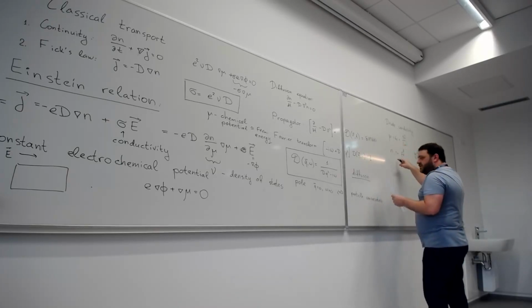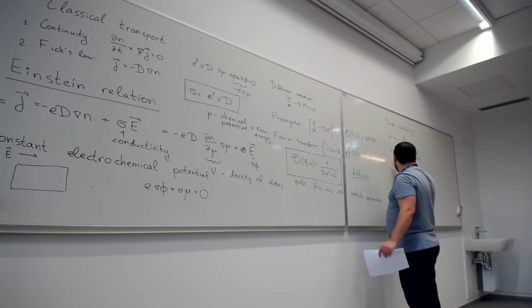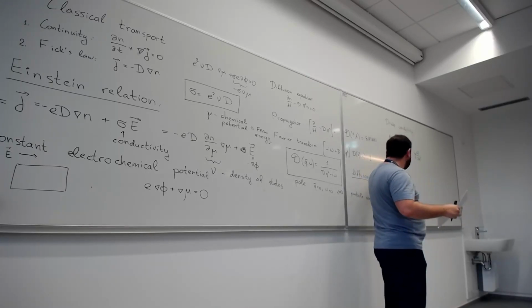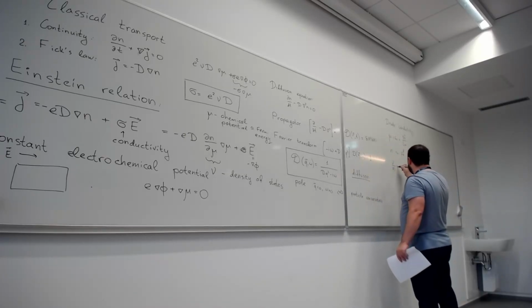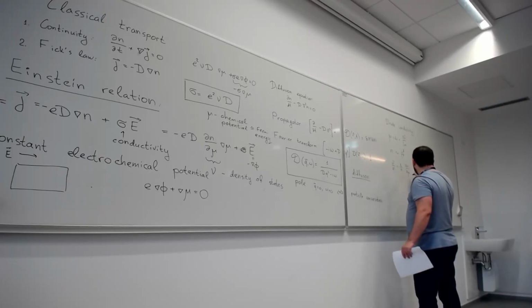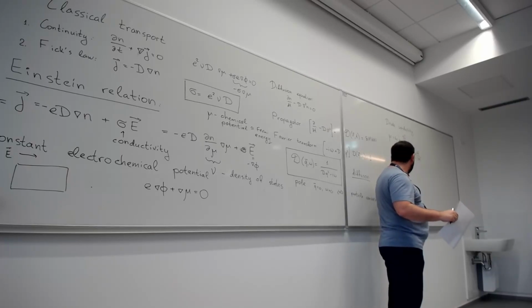So from these two relations, I can compute the ratio, density of states over the concentration. It's 1 over n times dn by dmu. The dn by dmu is the density of states, and 1 over n is 1 over n.